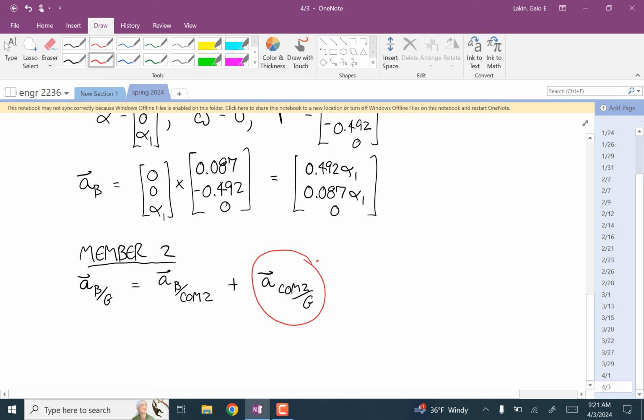This is a variable we've already defined. This is A2. And this is circular motion.